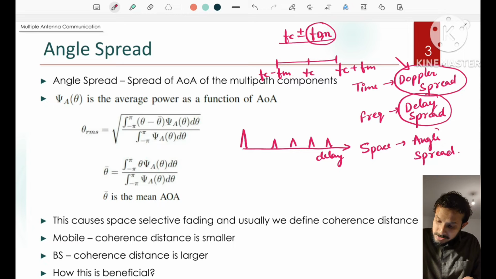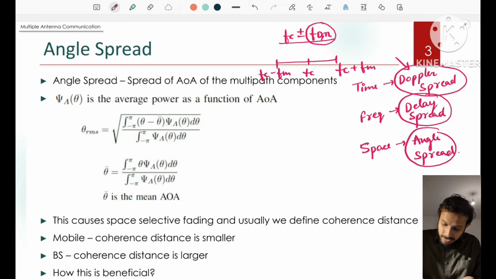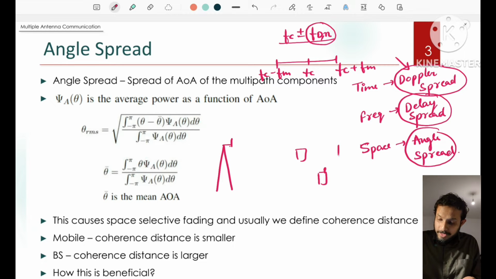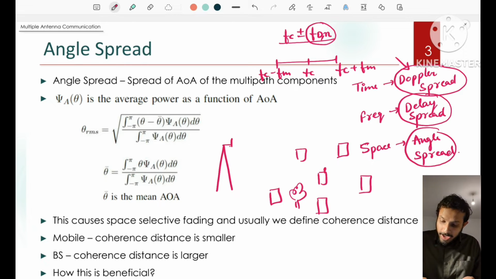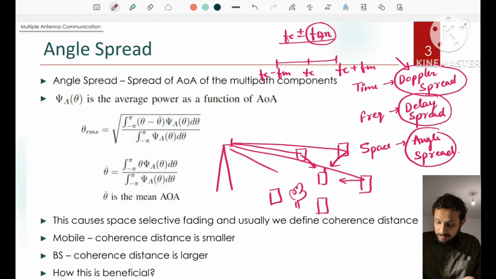With the angle spread, what we mean is that, let's say we have a base station and we have a receiver. In case of a rich scattering environment, we have multiple scatterers around the mobiles, or we may have some trees, and the transmitted signal will be received by the mobile from all the directions.